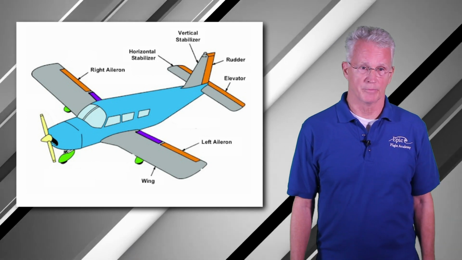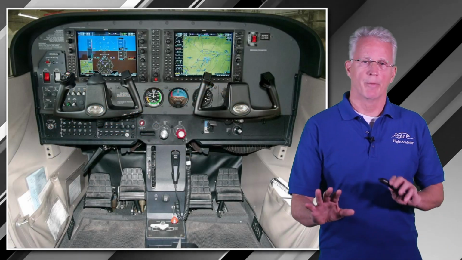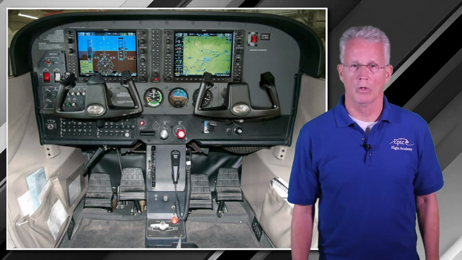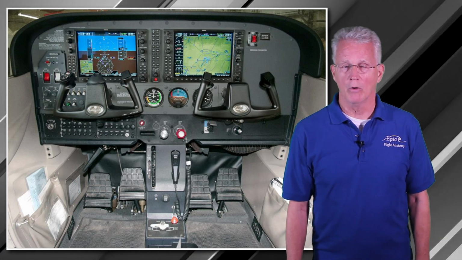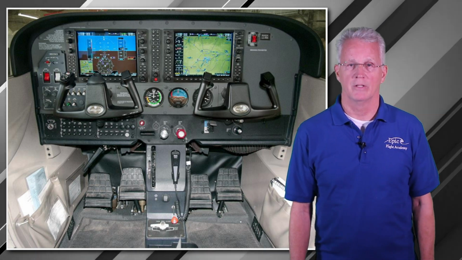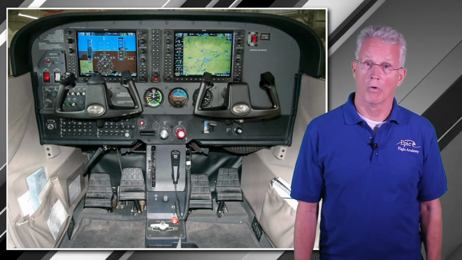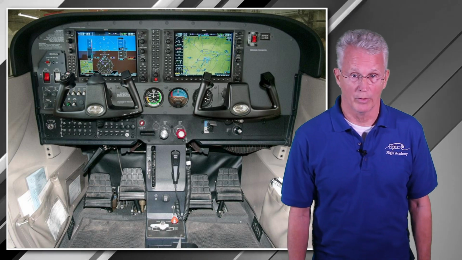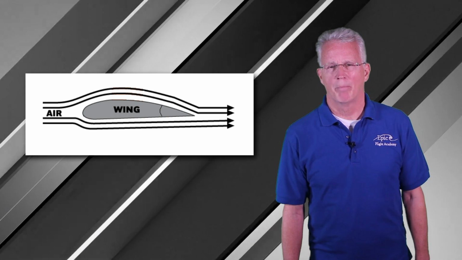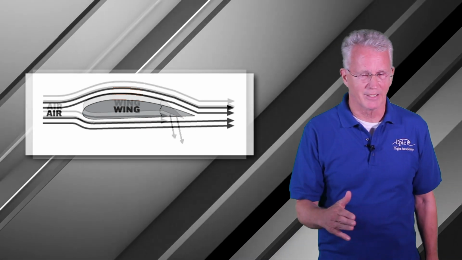vertical stabilizer. Now, when we take a look inside the cockpit, the pilot's pedals control the rudder. The yoke controls both the ailerons and the elevator. Control surfaces, or commonly called airfoils, work by affecting the airstream by deflecting it.